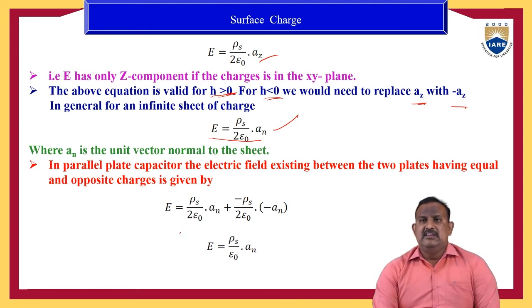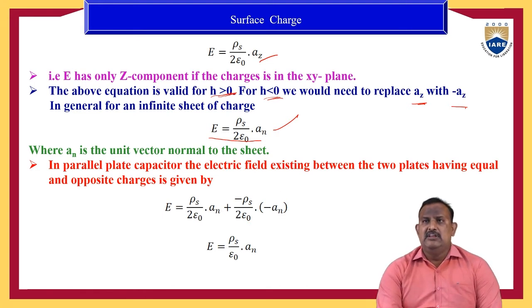Therefore, E is equal to rho S by 2 epsilon naught into An, plus minus rho S, because these two are parallel to each other with opposite charges. It is rho S here, minus rho S here. Minus rho S by 2 epsilon naught into minus An. Here for z less than 0, we need to replace the Az with minus Az.